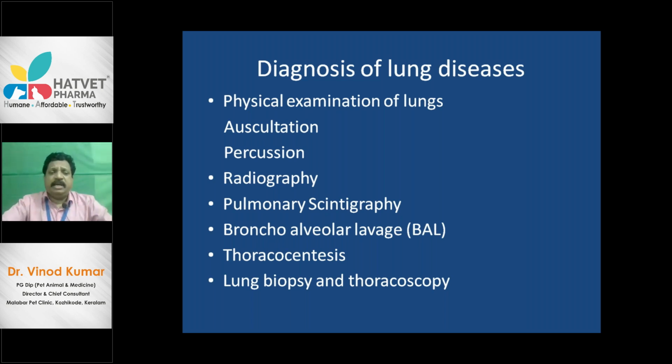Now we are concerned with lung disease. We can go for more advanced things. Generally, most of our private veterinary clinics have radiography. It is better to take an X-ray. An X-ray of the lung will give you certain important clues.